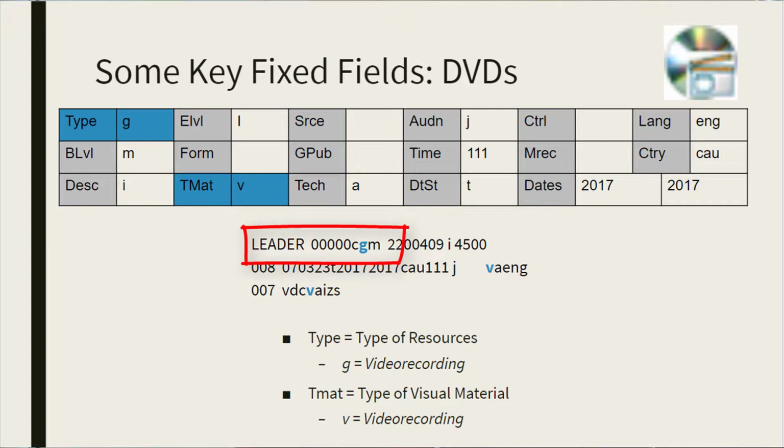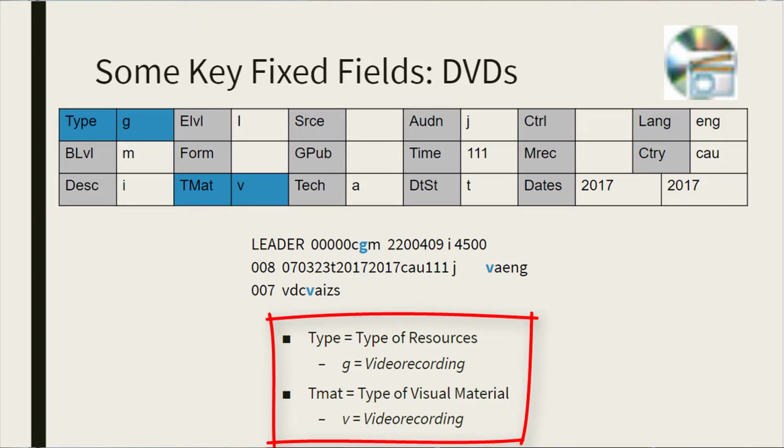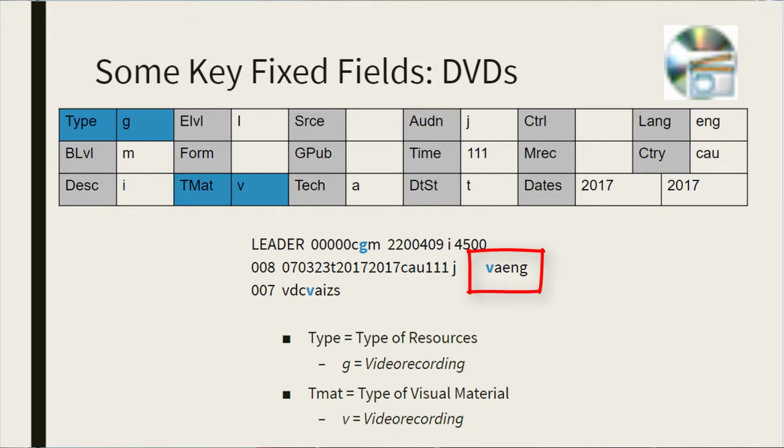Also in the leader, you can see that that second letter is a G. So you're always going to look for that second letter. The material type, that T mat, is V, meaning that this is a video recording. And that goes way over at the end of the fixed fields, the 008.